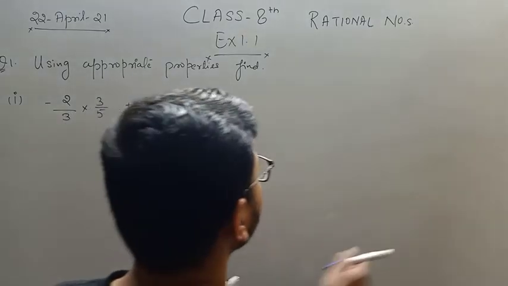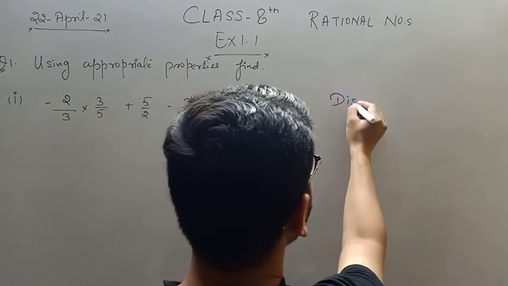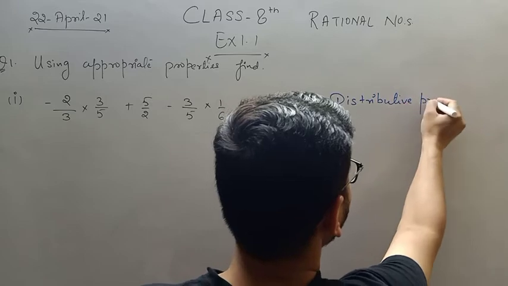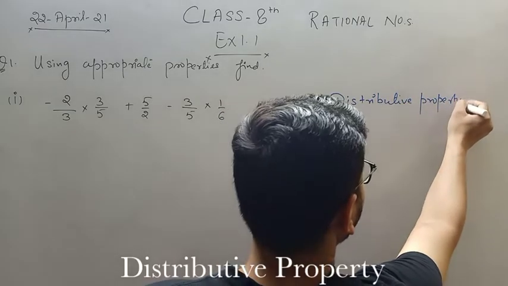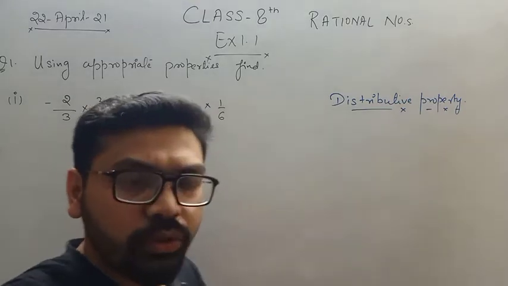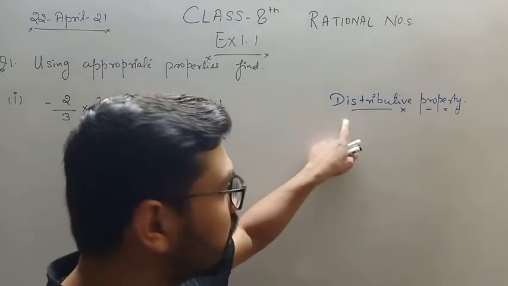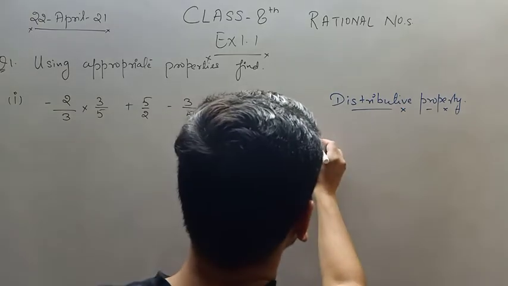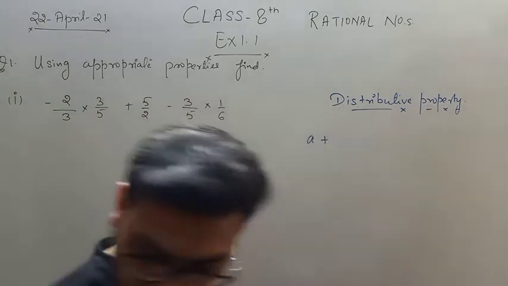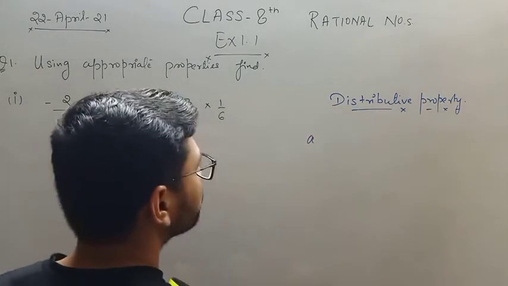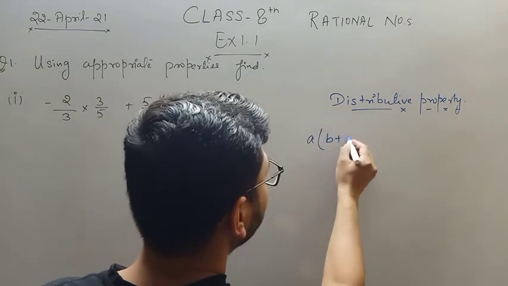Okay, so distributive property, as the name suggests, distributes means बांटना. So basically here one value is distributing on others, like a, b plus c.